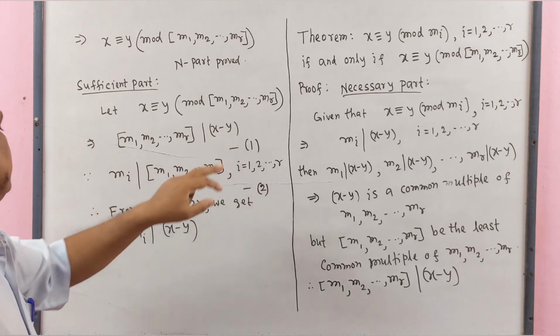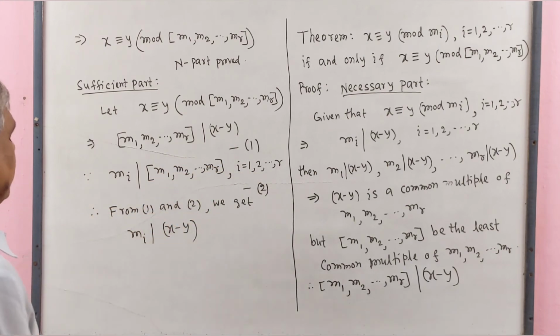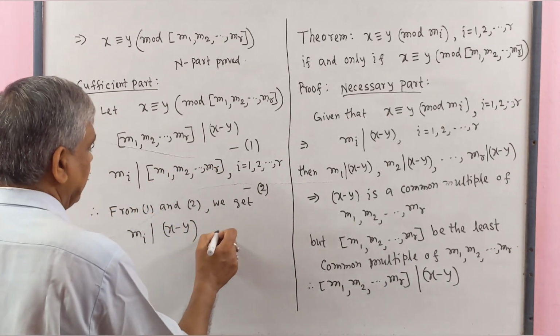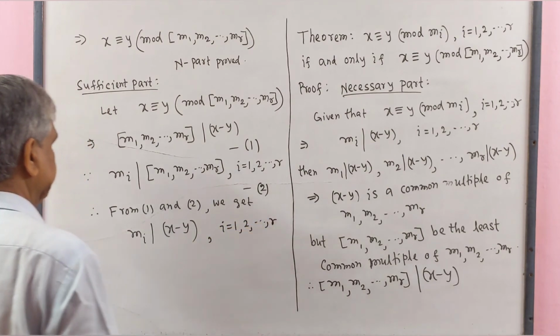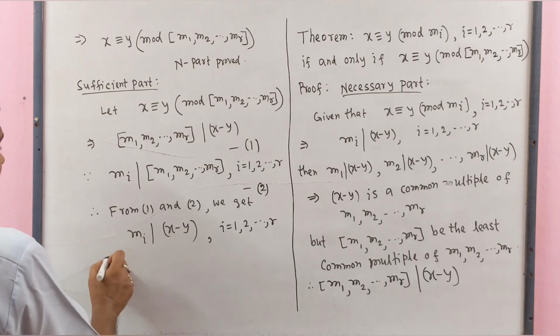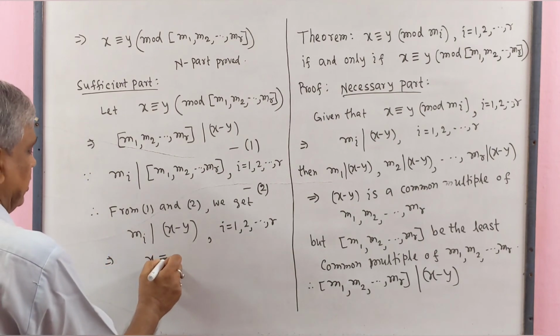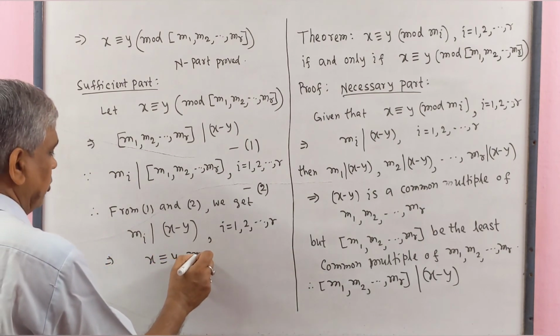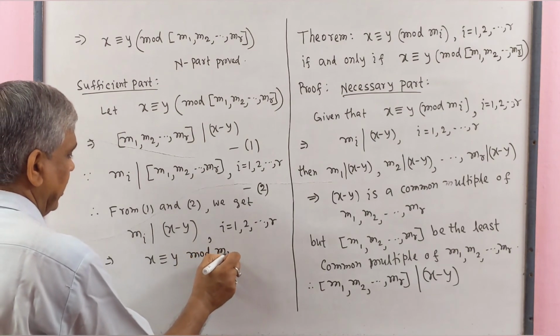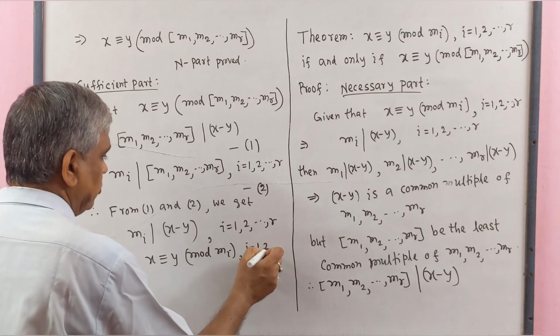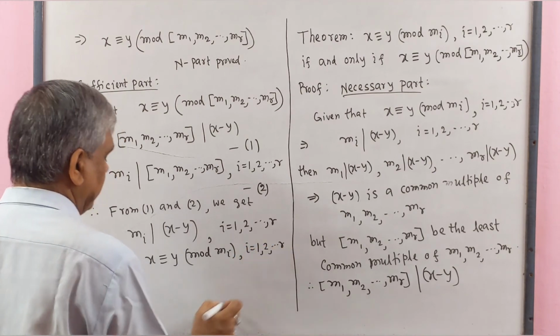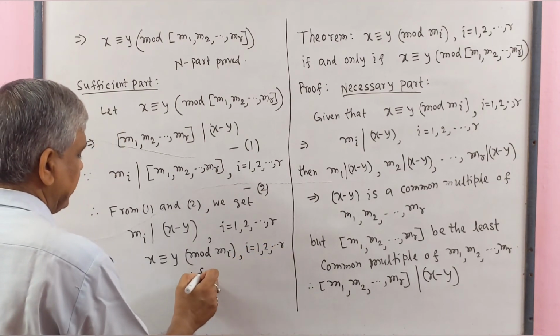That means mi divides x minus y, i equal to 1, 2, ..., r, implies that x is congruent to y modulo mi, i equal to 1, 2, ..., r. Therefore, sufficient part proved.